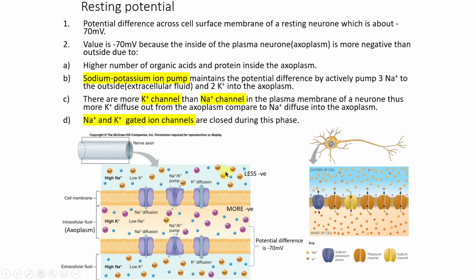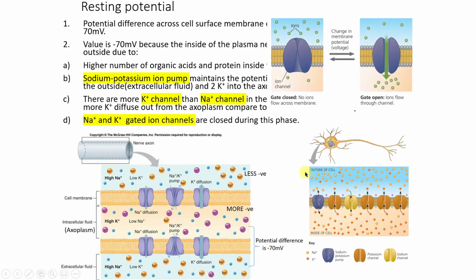So on the surface of a neuron, or on the surface of an axon, we have the sodium potassium ion pump. Then we have the sodium ion channel, you can see this is the sodium ion channel.